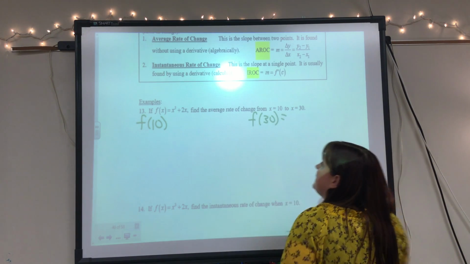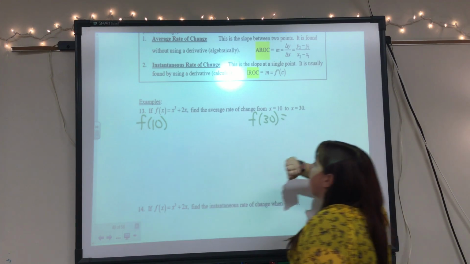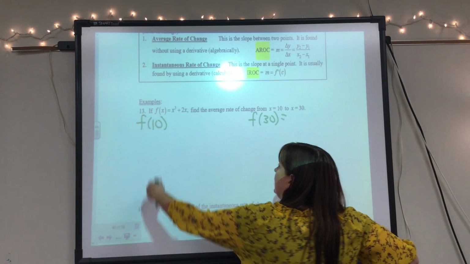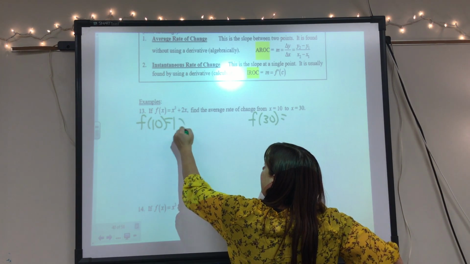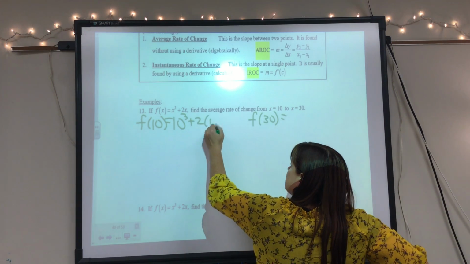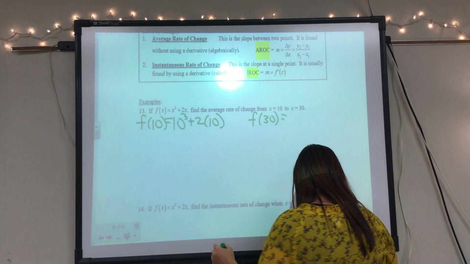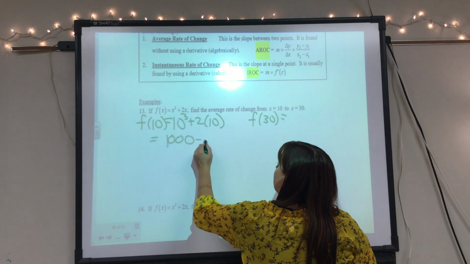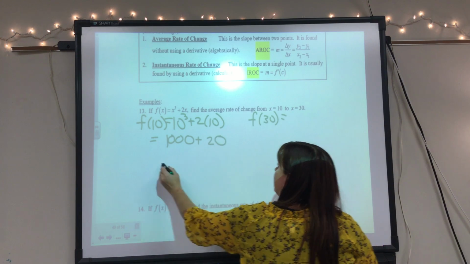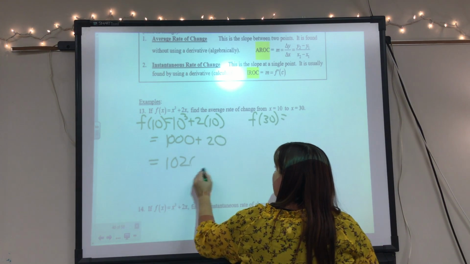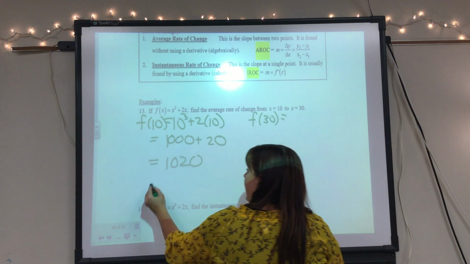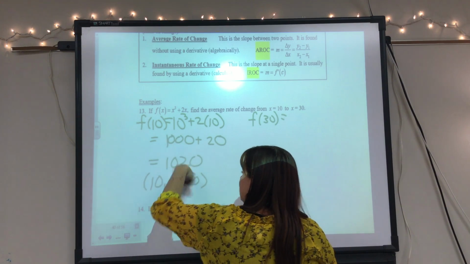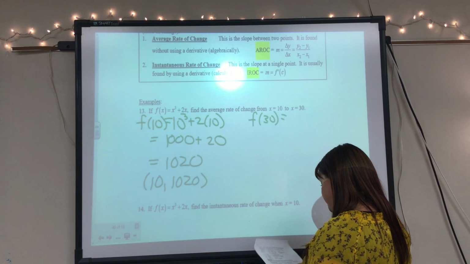Well, when x equals 10, we have 10 cubed plus 2 times 10, which equals 1,000 plus 20, so 1,020. So when I plug 10 into my function, I get out 1,020.